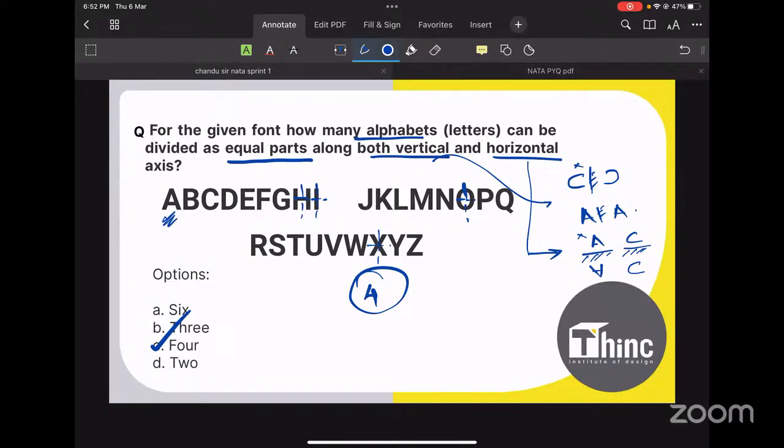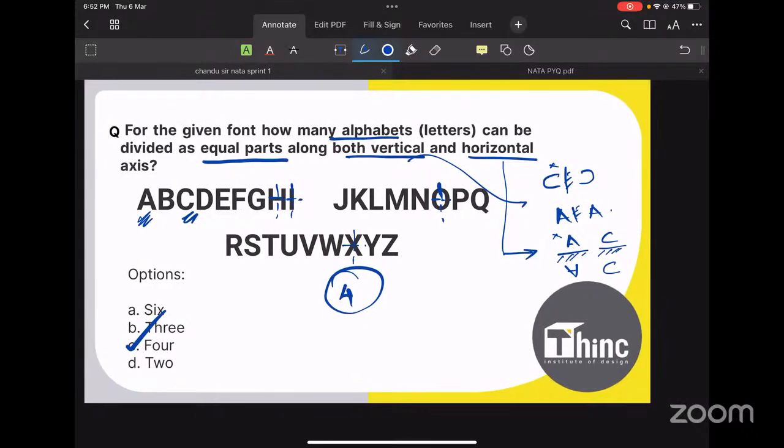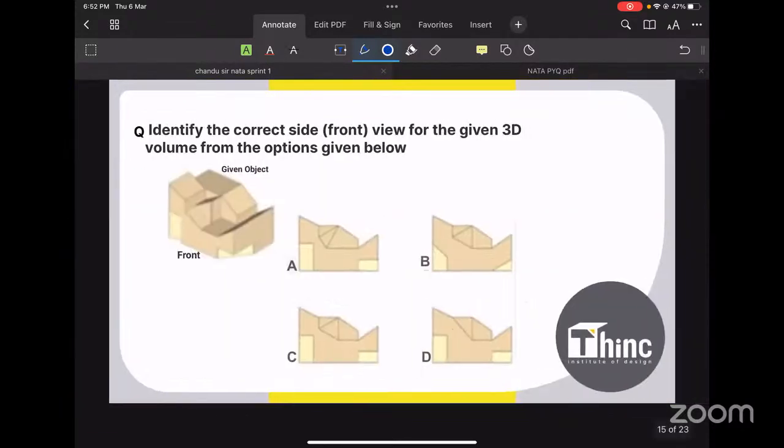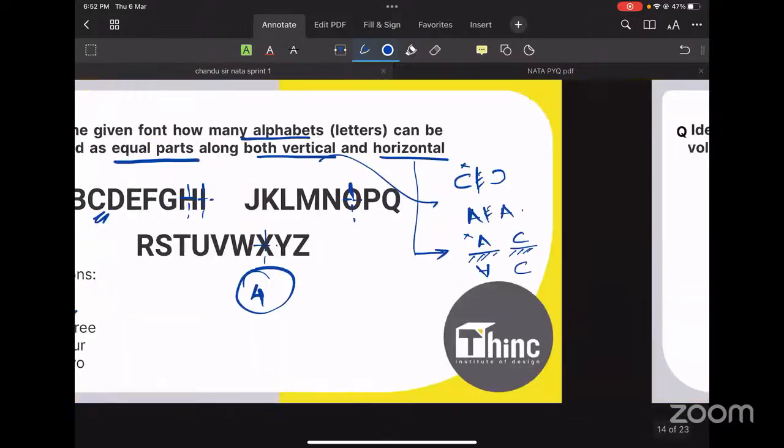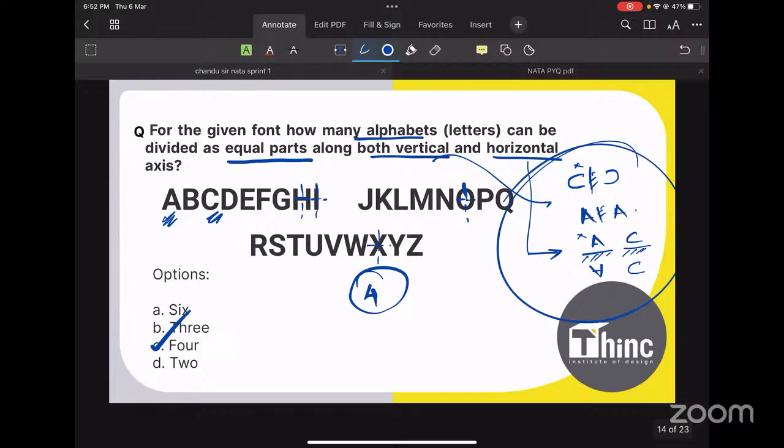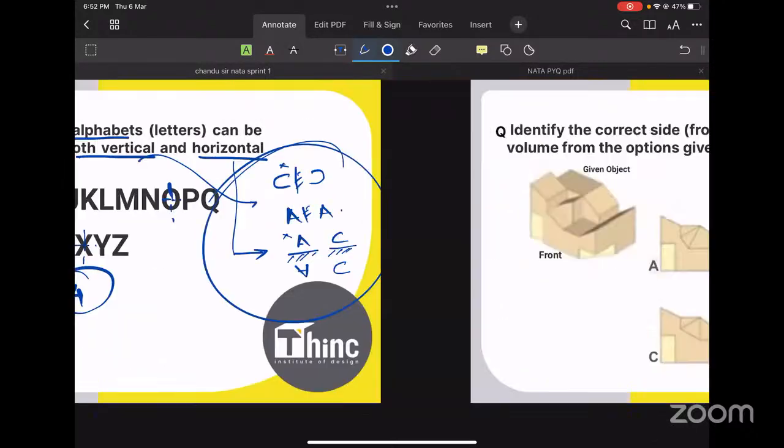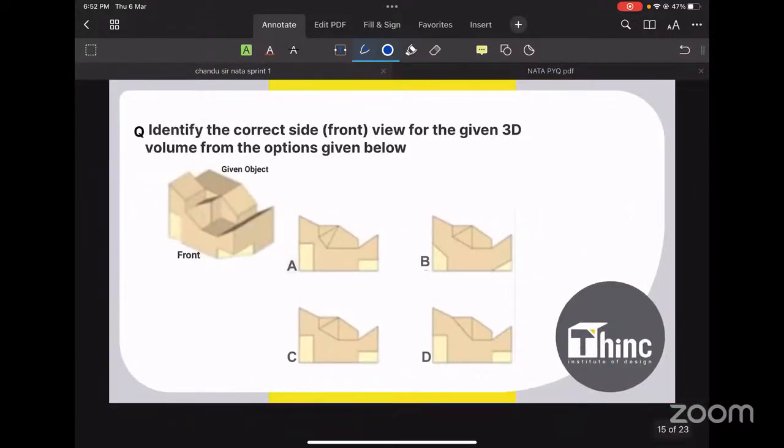This is vertically symmetric. This is horizontally symmetric. So the symmetry of letters should be no issue. Symmetry of these letters is very important, because in mirror image as well as water image, these things will help you to solve the questions very quickly.